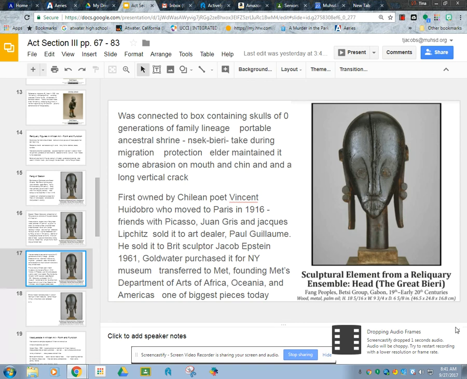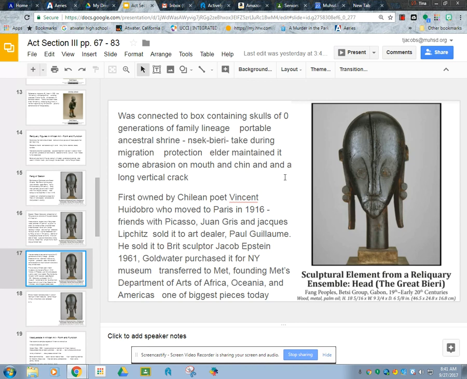This was first owned by the Chilean poet Vincent, and that's his last name, who moved to Paris in 1916. He was friends with Picasso, Juan Gris, and Jacques Lipchitz, and he sold it to an art dealer, Paul Guillaume.